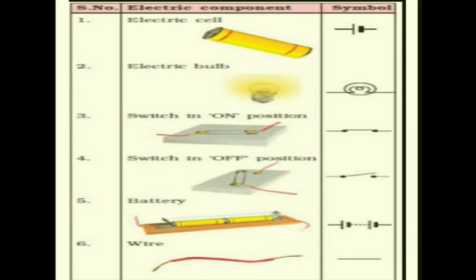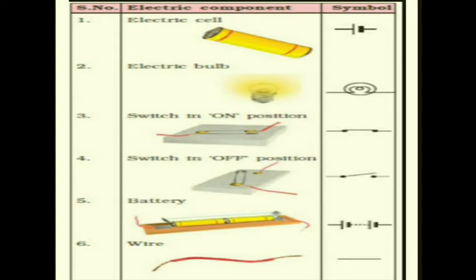If we talk about an electric cell, the longer line represents the positive terminal and the thicker and shorter one is the negative terminal of the cell. Now the electric bulb, an electric appliance, contains a filament that glows when current is provided.